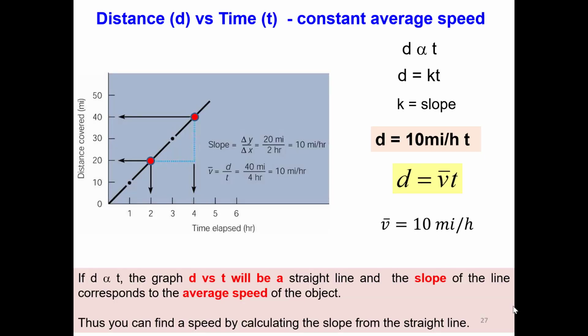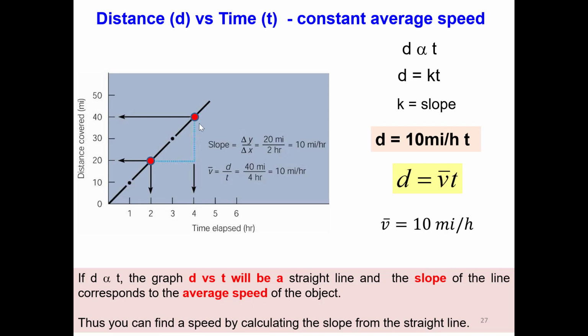In this graph, we have the distance covered by some object during some period of time. When we plot this data, we get a linear relation. If we had the experimental data and we plot that data, and we got a straight line, then we know distance and time are directly proportional.